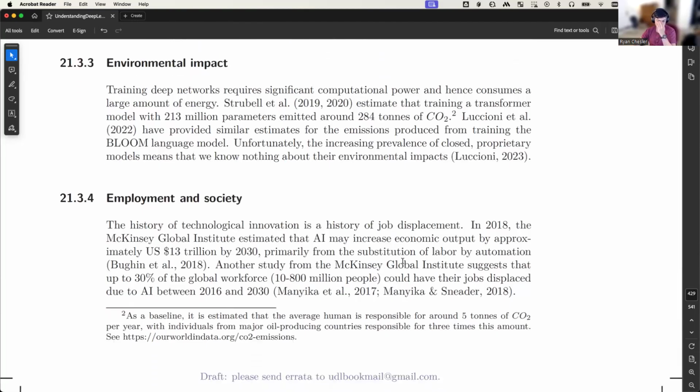The environmental impact is something that people have been digging into a lot lately. We trained GPT-4, it took 10,000 GPUs for a month. How much energy did that actually take? And the question is, is this actually what we want to be spending energy on? What is the environmental impact?